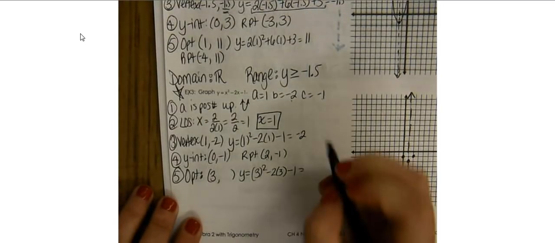And when I plug that into my calculator, I end up with 2. So 3, 2. So I'm going to go over to 3 and up to 2, and I'm going to plot a point. Now this point is 2 units away from my line of symmetry, so I'm going to count 2 units on the other side. And that point is located at -1, 2. So that's called my RPT. I have my 5 points.